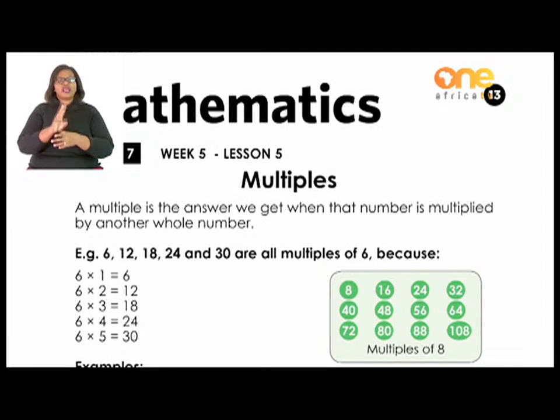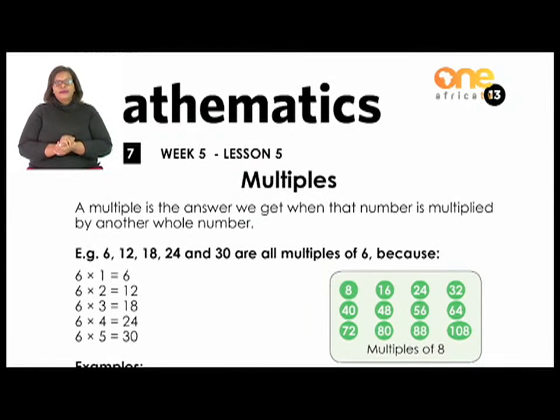Because 6 times 1 equals 6, 6 times 2 equals 12, 6 times 3 equals 18, 6 times 4 equals 24, and 6 times 5 equals 30. So the multiples of 6 are the answers of those numbers that we multiply by 6.